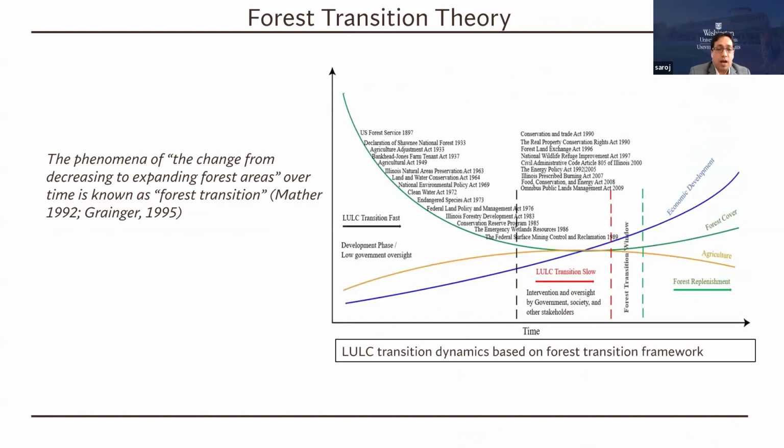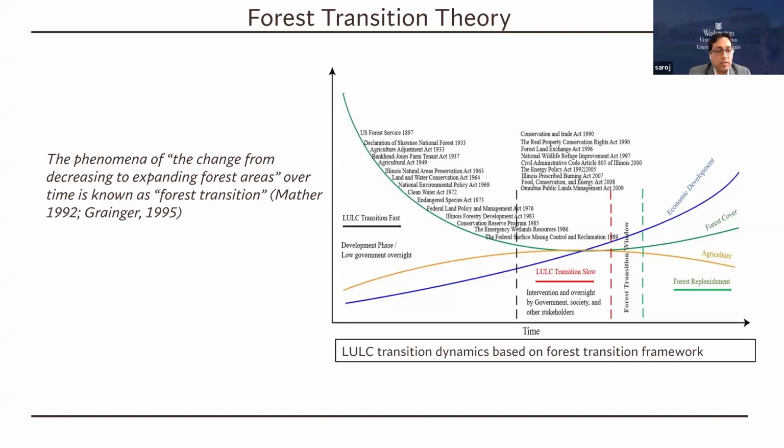There are many theories of how such transitions occur, and one of them is forest transition theory, which suggests a temporal turnaround from net forest area decrease to forest area recovery or increase, driven by socioeconomic changes and environmental policy.